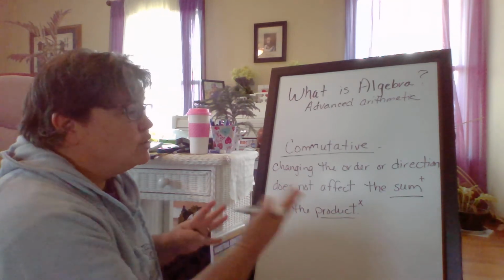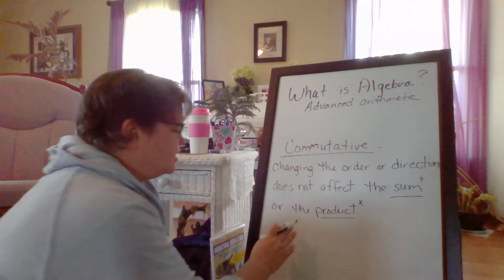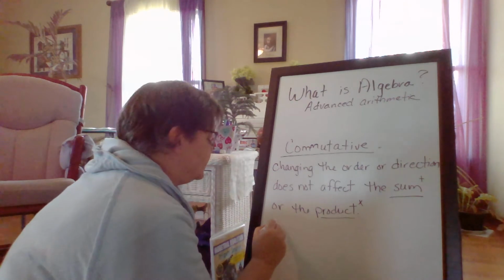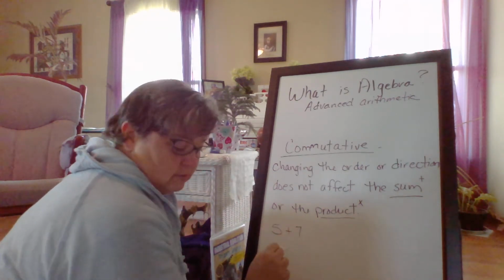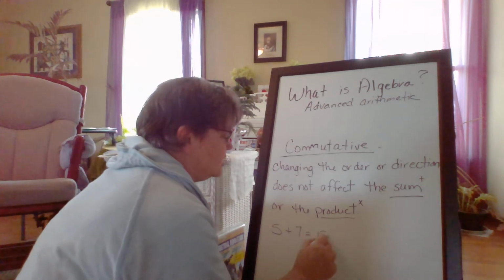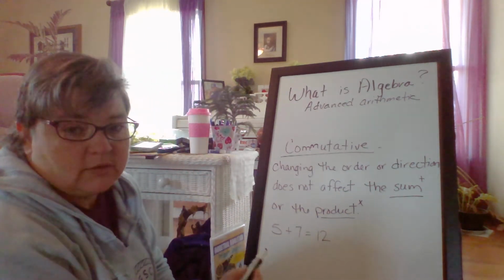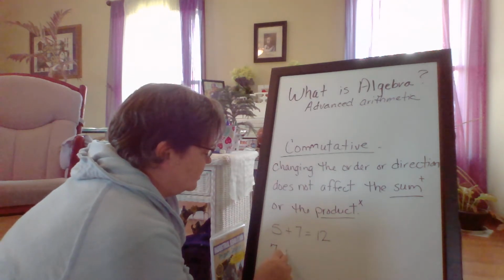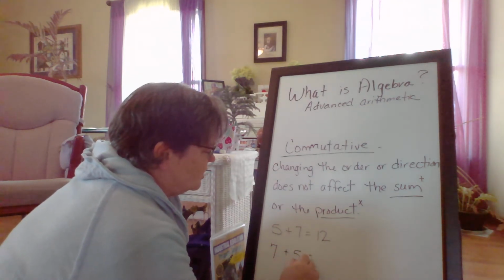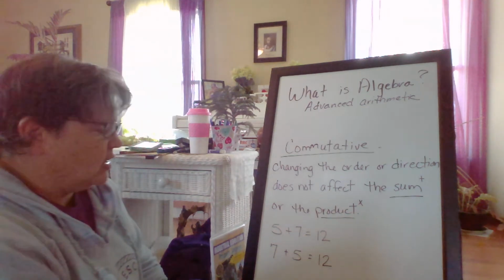If I'm going to commute to work, right? It doesn't matter if I start at the 5 and go 7, I'm still going to get there, the 12 miles. Or if I start at someone else's house, I'm still going to get there.